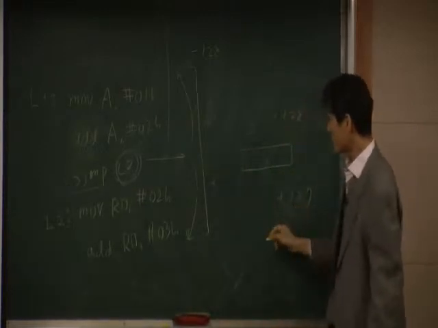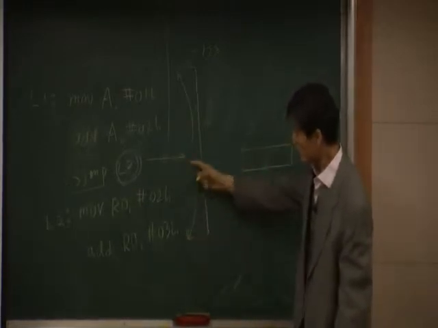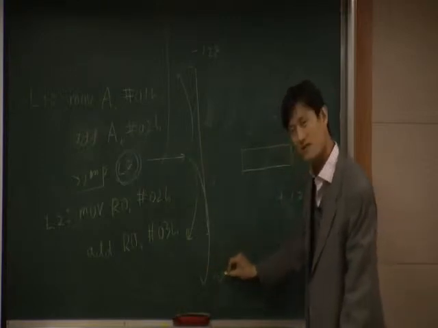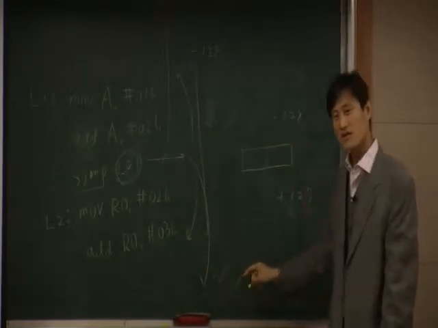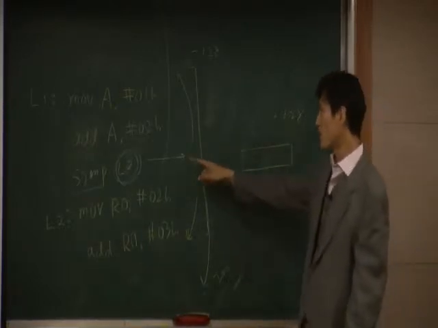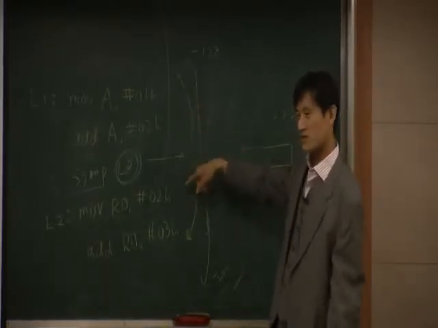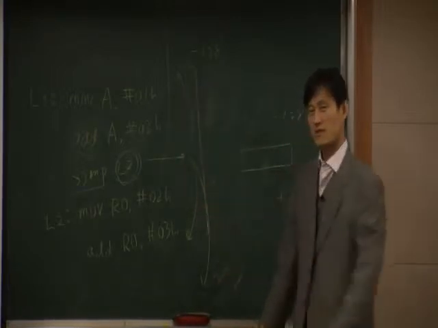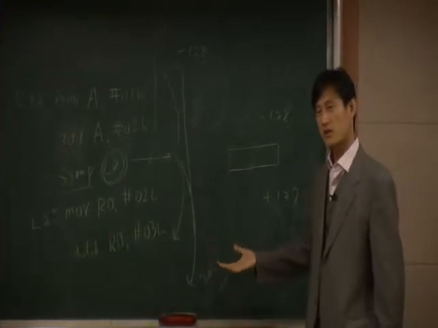And 127 is the maximum range you can jump forward. You cannot jump to like 200. This is the only range. This is why we call this a short jump. You are jumping in both directions, but within a short range. Okay? So that's a short jump.